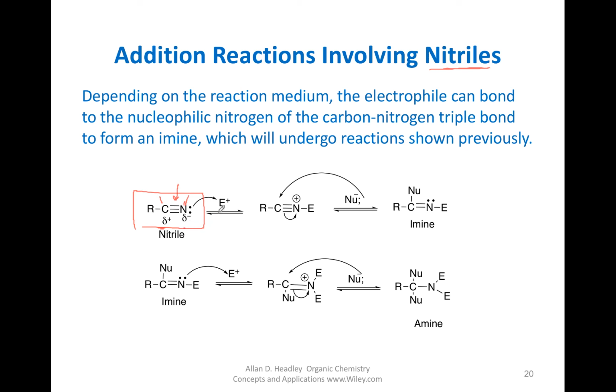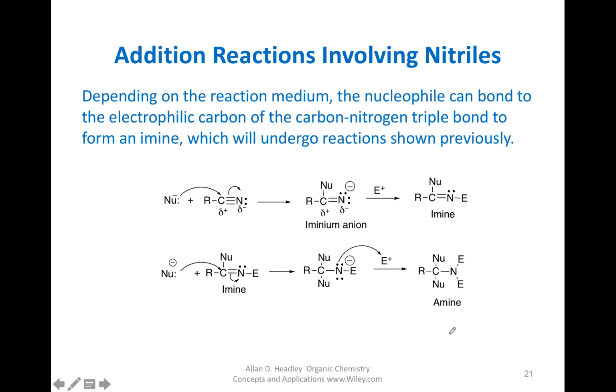So as you can imagine, in an excess of electrophiles, this is a regiospecific reaction. The electrophile will add to this nitrogen to generate that intermediate. This nucleophile will add to this carbon to generate that as your product. You will recall this is an imine. And as you know, the imine in the presence of an electrophile will add further to give us here the amine as our product.